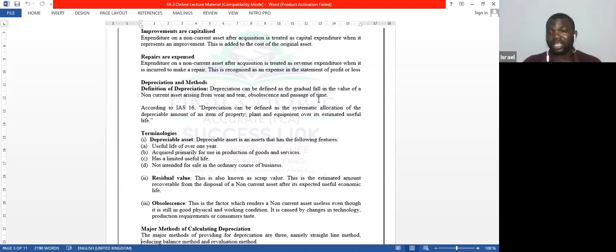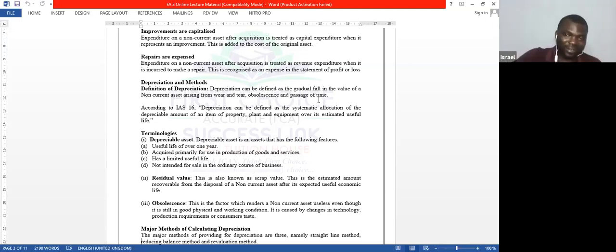But there's another school of thought that says land is expected to be depreciated, because the law says that after 99 years of use, the land will return to the government. But that's by the way. Generally, many accountants believe land is not expected to be depreciated but to appreciate. It means its value increases over time; it does not decrease.